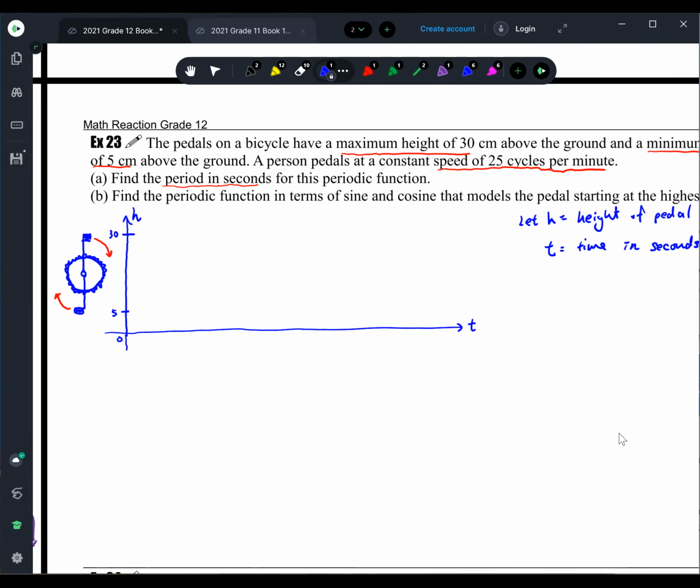Okay, so other than highest and lowest, another important place to find out is the middle, right? Because the middle is the place we need to draw the middle line, the midline. So can you guys find the location of the midline? Okay, what's the number for the height of the center?